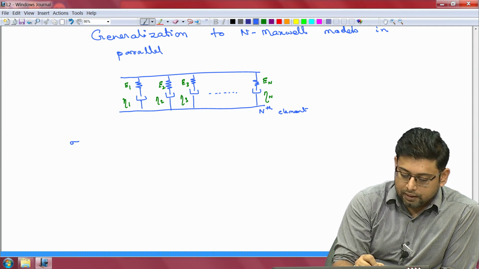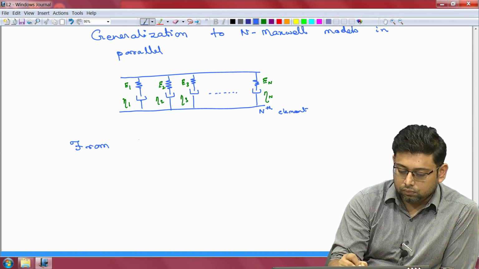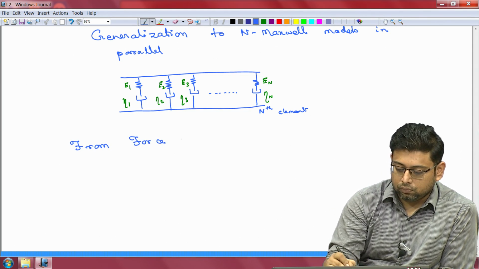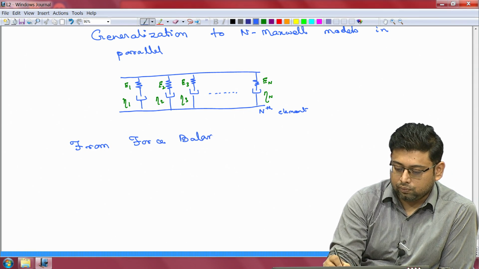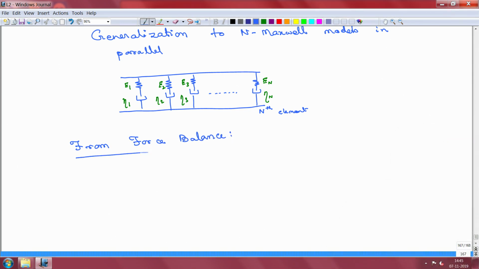From force balance, once again the system will experience a net force, which is going to be a sum of all the individual forces. So, in this case F total is nothing but a sum of F i, going from i from 1 to n.